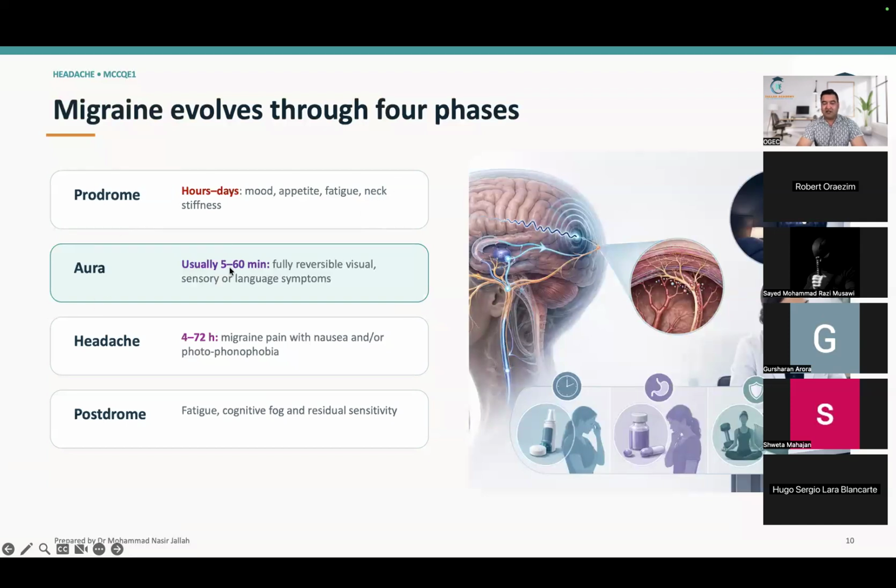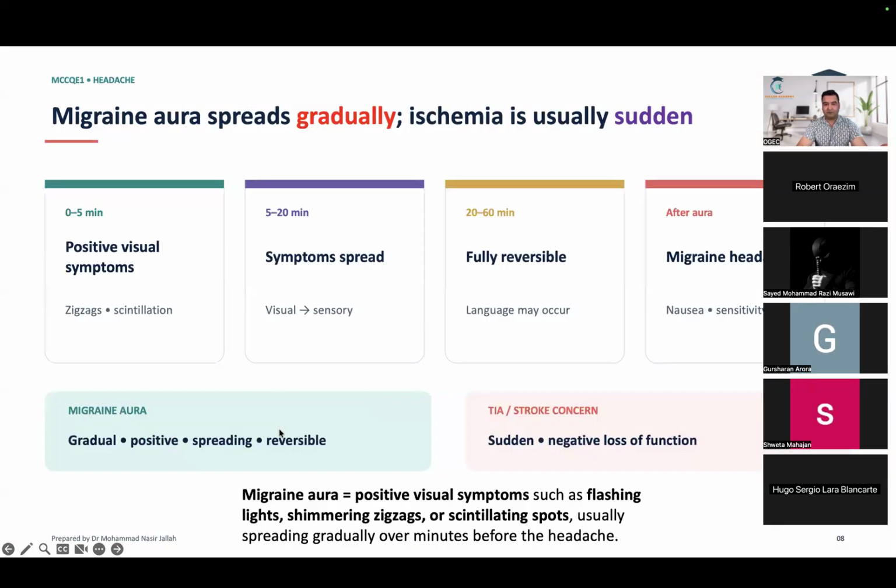Aura, usually 5 to 60 minutes, fully reversible, visual, sensory, or language symptoms. Before the headache starts, aura starts. And then when aura subsides, the headache starts, and it will last up to 72 hours. Then postdrome is fatigue, cognitive fog, and residual sensitivity. Almost the same as the prodrome.